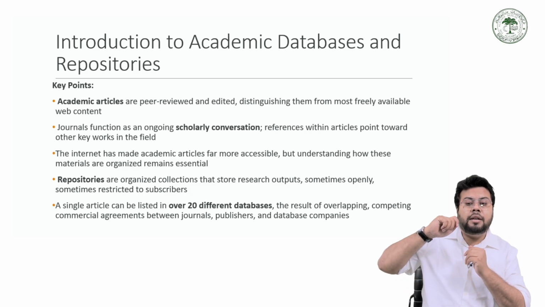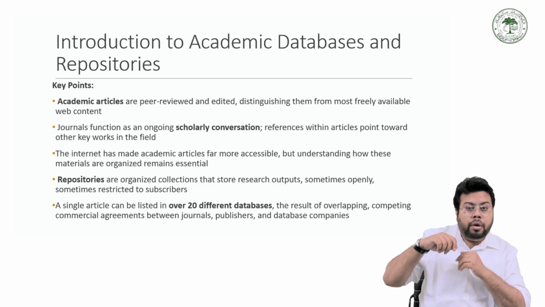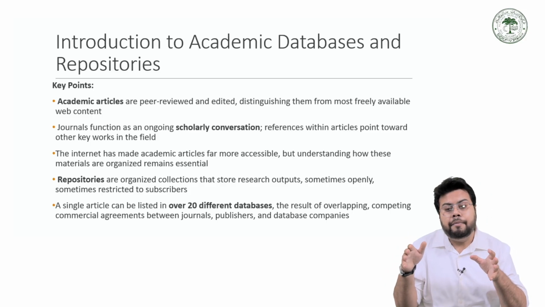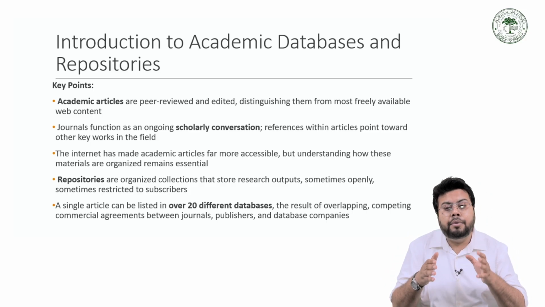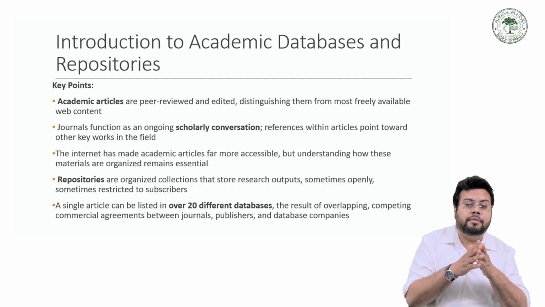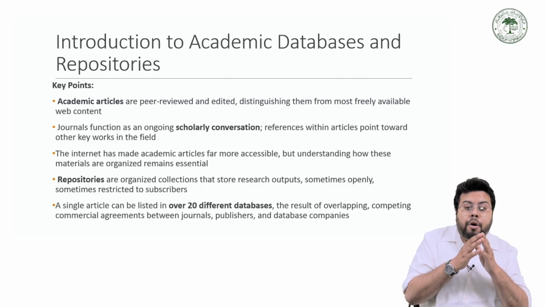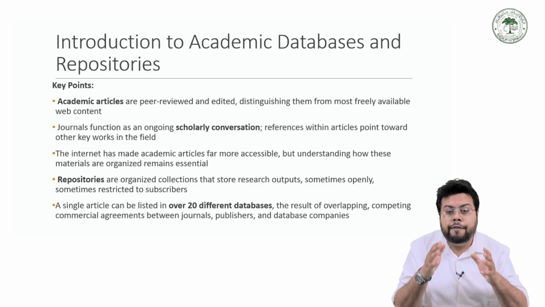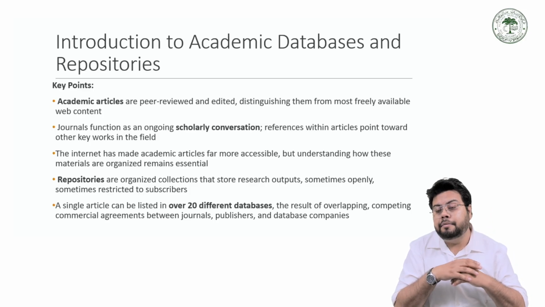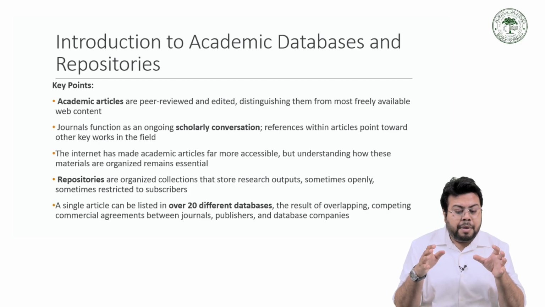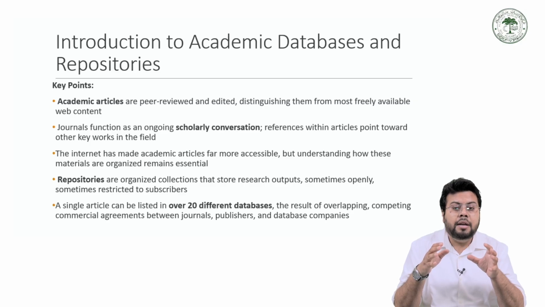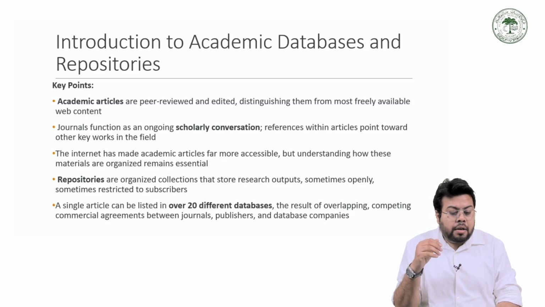When you read an article's reference list, you are not looking at a formality. You are looking at the map the author has drawn for you, pointing towards the work they consider the most important in their field. Use that map. Now, the internet has made academic articles far more accessible, but understanding how these materials are organized remains essential.